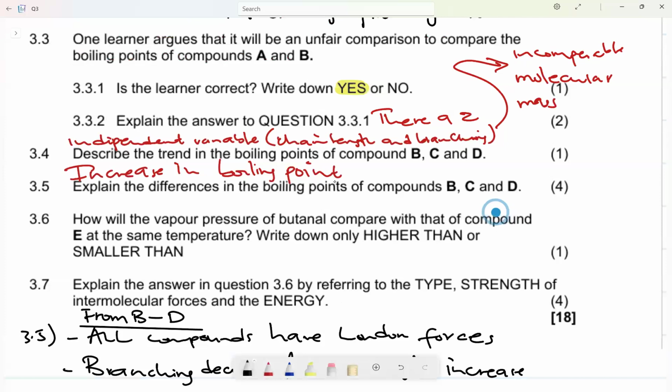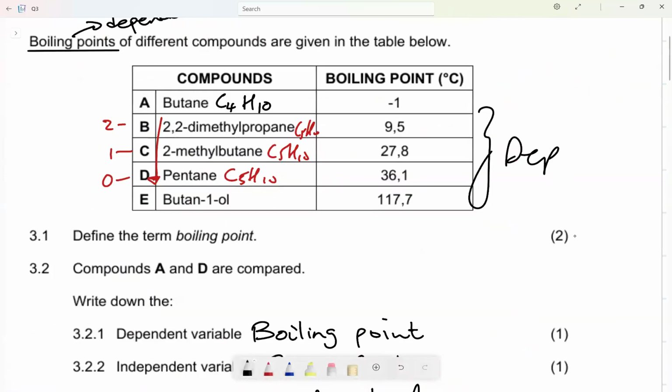Explain the difference in the boiling point. They all have London force, but from B to D, the branching decreases, right? Can you see the branching decreases? Or you can say the chain length increases. But this one is the same.